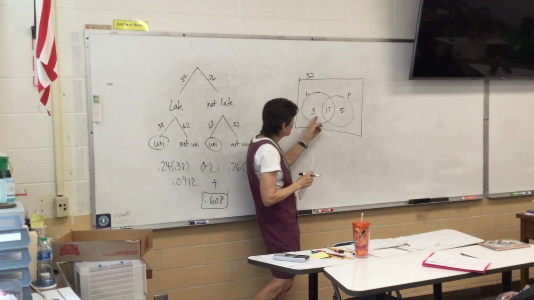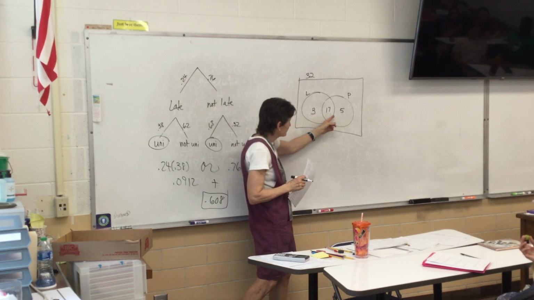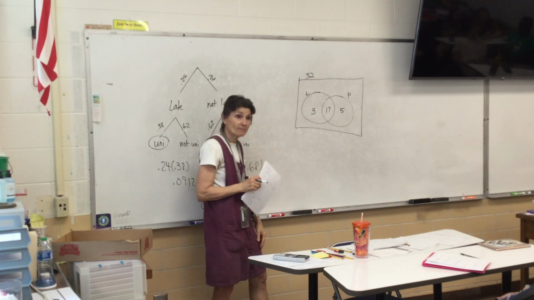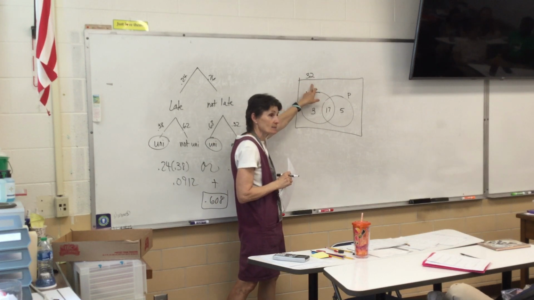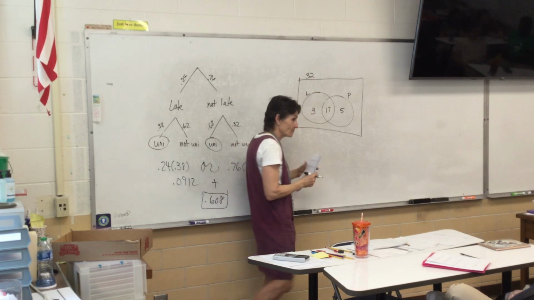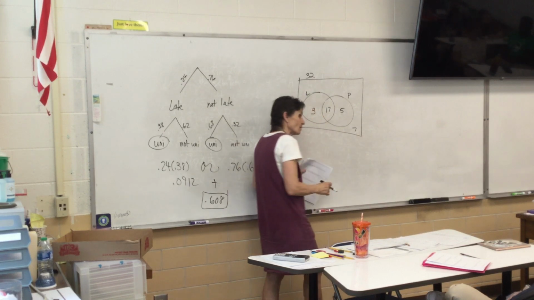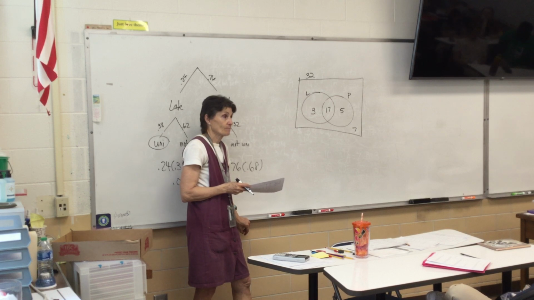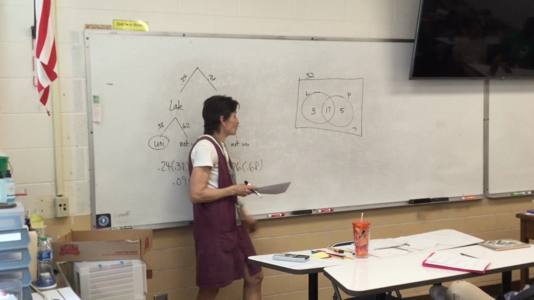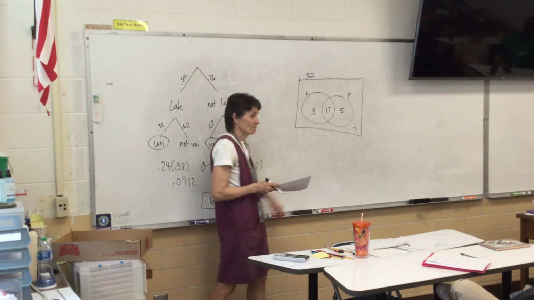Now, how many people are in the balls? 25? But wait, there are 32 kids in the class. So what does that mean? There's 7 of them out here that don't like either one. Now, so you're right here, you're 1 and 3.